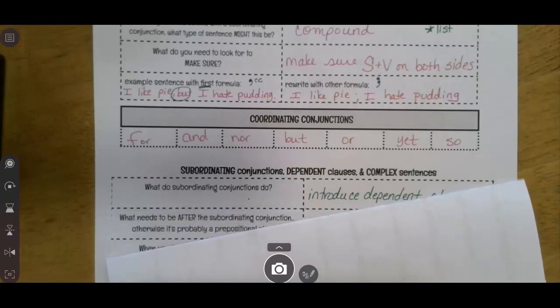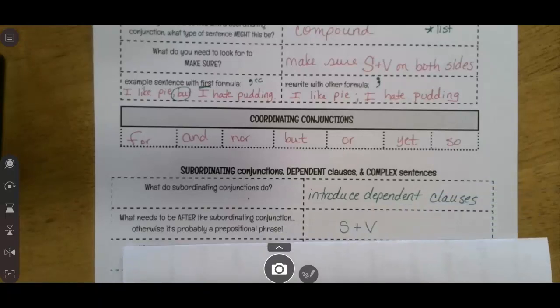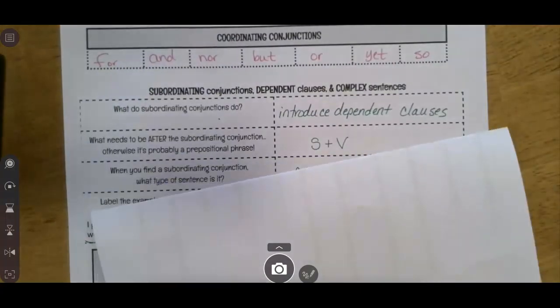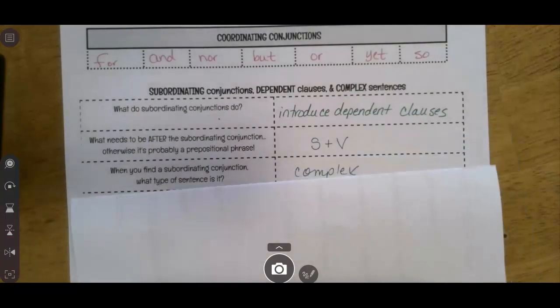If we see a subordinating conjunction, what needs to be after it to ensure that it's a dependent clause and not a prepositional phrase? Well, you need a subject and a verb. What do you need? Oh, so when you find a subject and a verb after the subordinating conjunction, then you know that you have a complex sentence.